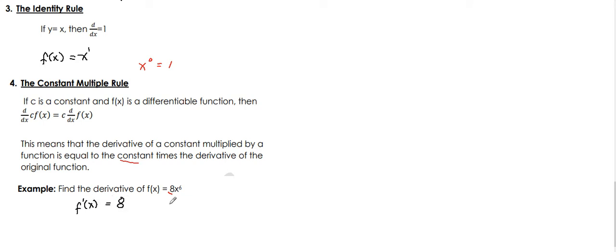We will just copy 8. And then, the derivative of x raised to 6 is actually, okay, copy the power, 6. And then, copy the base, x. And then, subtract 1 from 6. So, we have 5. So, we have 8 times 6, that is 48. X raised to 5. So this is our derivative.